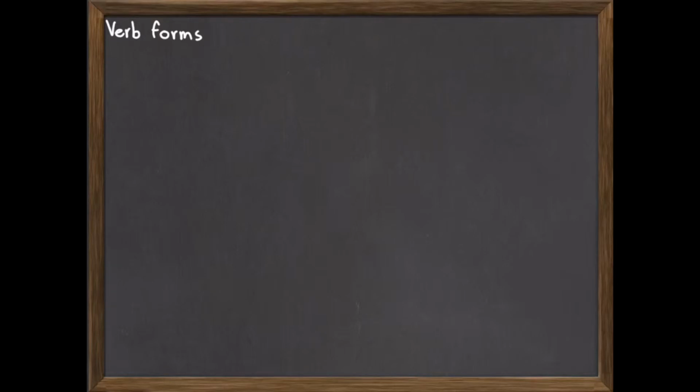In this book, we looked at a couple of different verb forms. For example, present simple. Remember that we use present simple to talk about habits and routines or things that are always true. For example, I work every day. We also looked at present continuous.